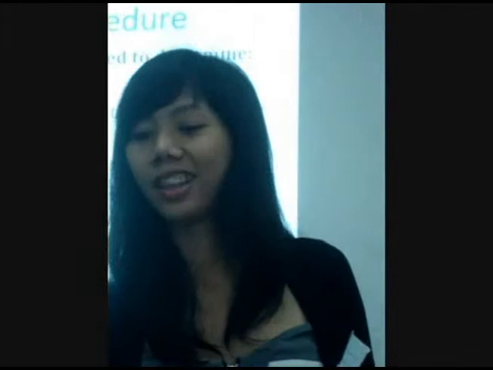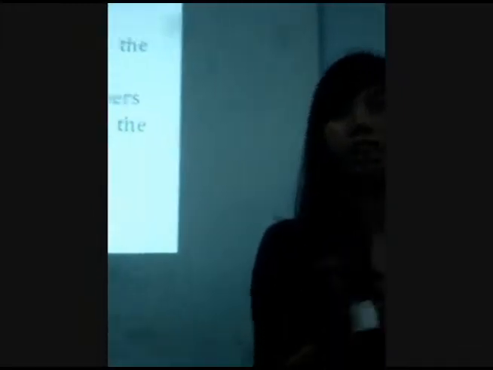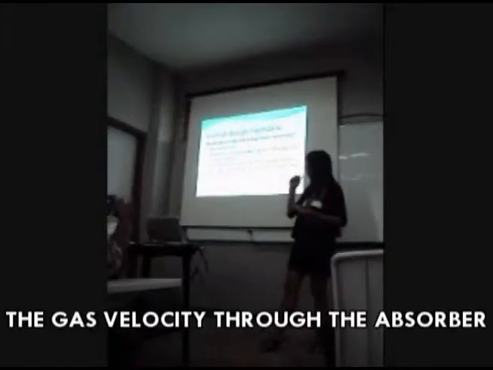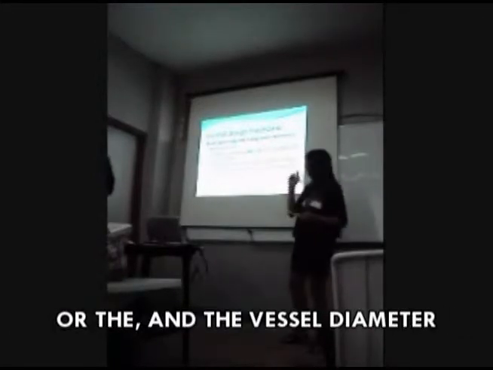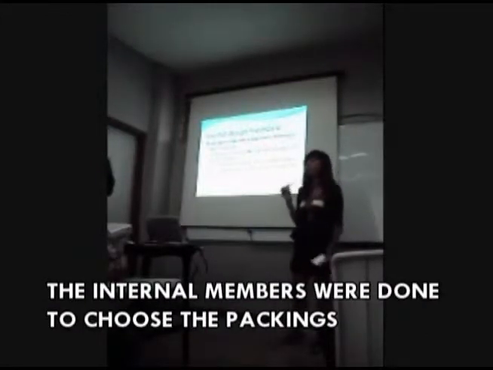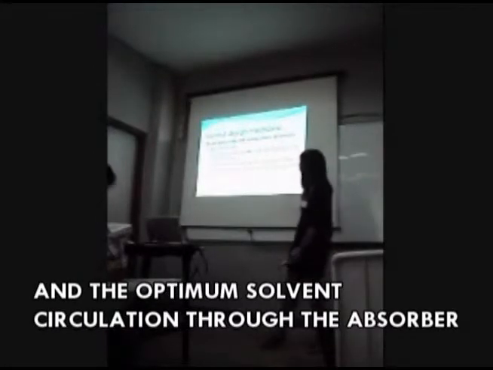So here are the values that we would be computing during the design process. The gas solvent, the gas velocity through the absorber, or the vessel diameter, the height of the vessel, and its internal members. The internal members would constitute the packing or the tray.